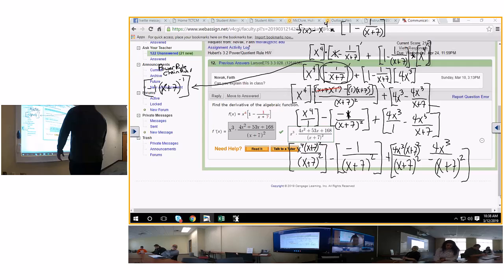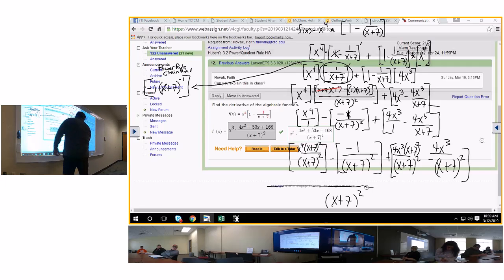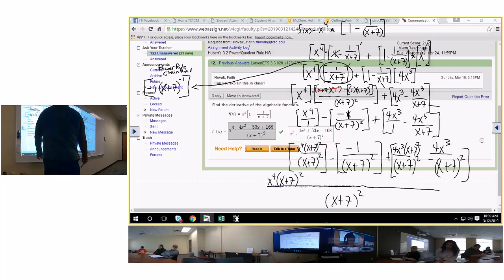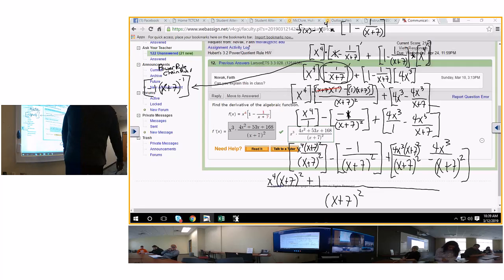Everybody got that? X plus 7 quantity squared, and then write a big old, and you're going to have a lot to do because you got x to the fourth times x plus 7 quantity squared. What's negative 1 minus 1? Positive 1.